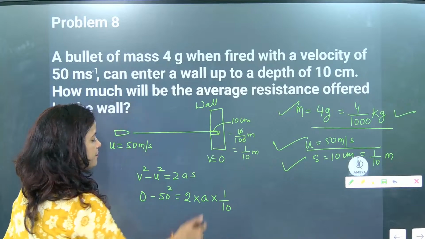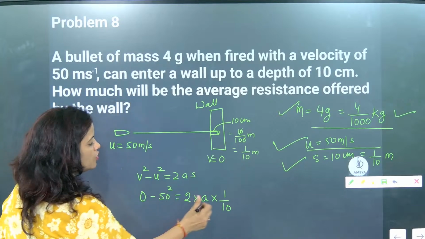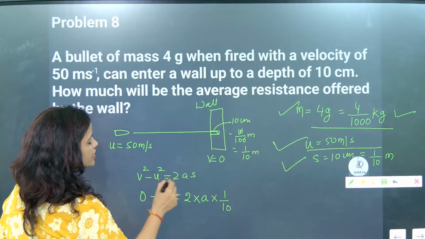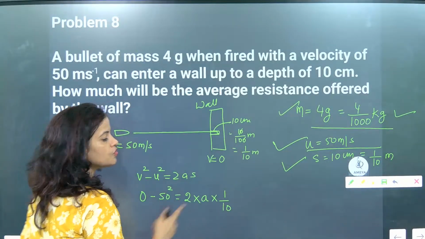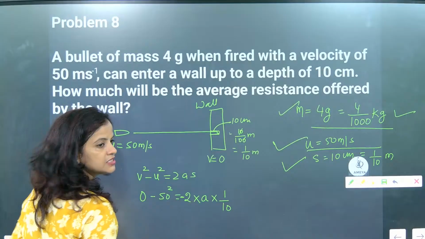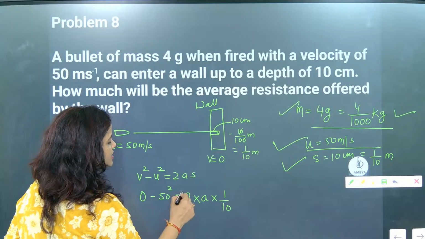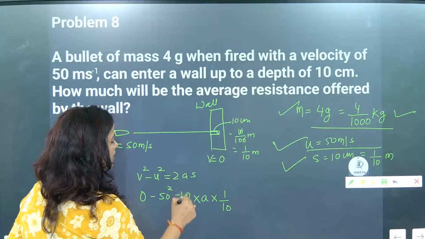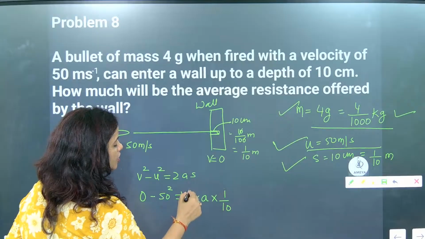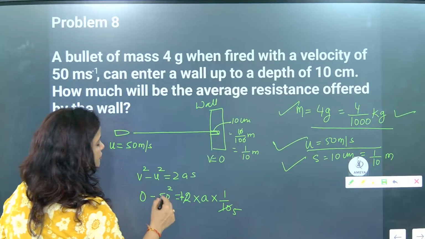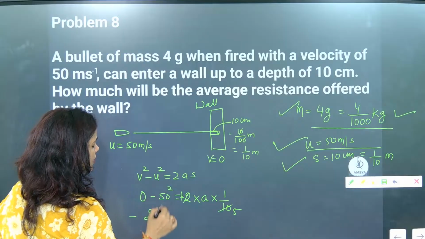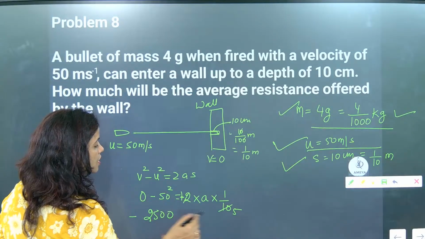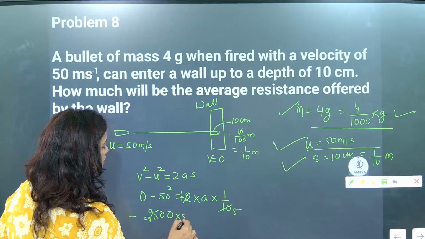So now look here, beta. This is 50 square. Now look here, this part is coming V square. So here, since it is retardation, it will become what, beta? Minus. Got it? So here the acceleration part will be coming minus. Now here it is coming 50 square is 2500, and here it is coming into 5.